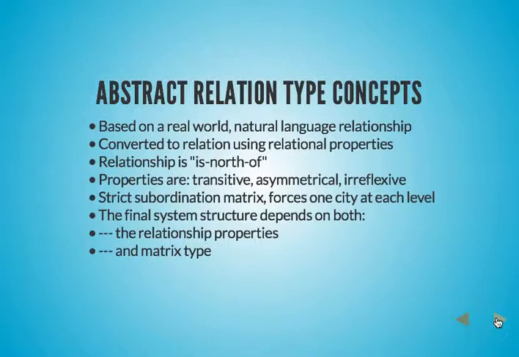The strict subordination matrix forces one city at each level, and the final system structure depends on both the relationship properties and the matrix type. So when thinking about different abstract relation types, we have to precisely communicate not only the relationship properties and the relationship name, but also the matrix type.